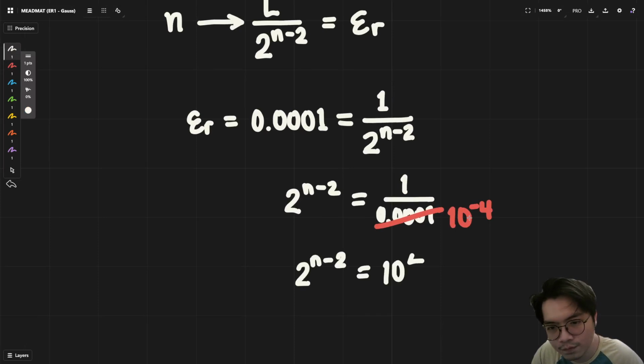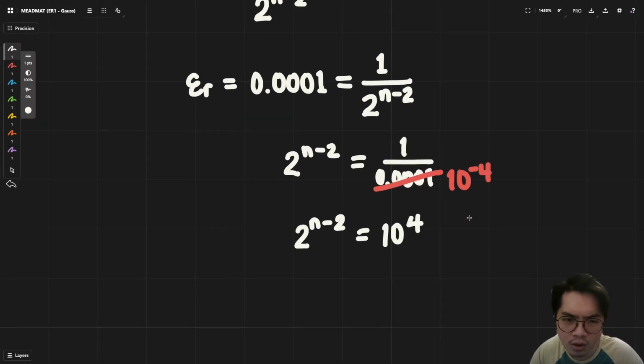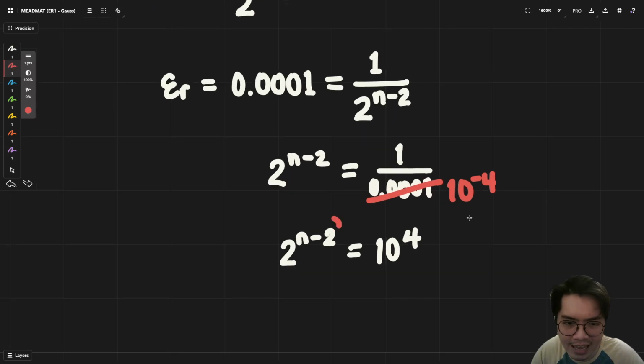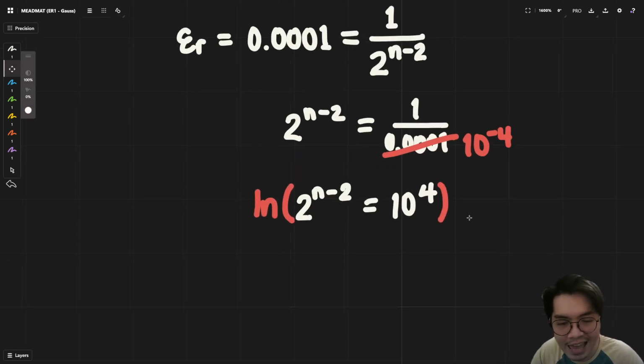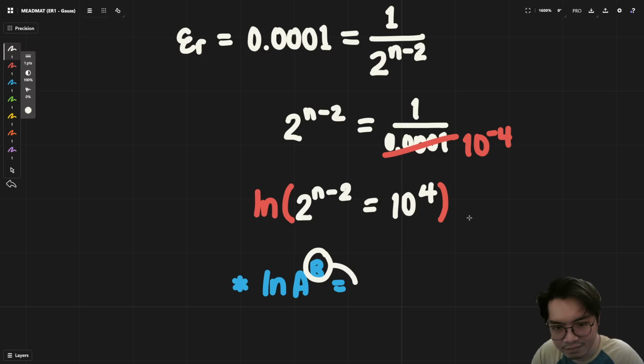Now what you can do is count, at the very least, how many iterations, how many points, you need to get this answer. How are we going to do this? Well, your n is somewhere on top, so we should put an ln. An ln has a superpower: if you have ln of a raised to b, you can put that b downstairs.